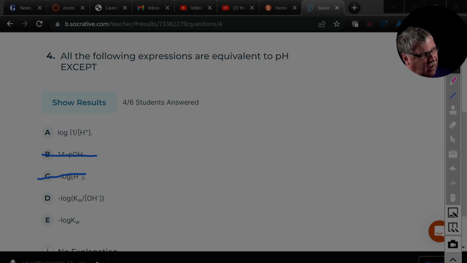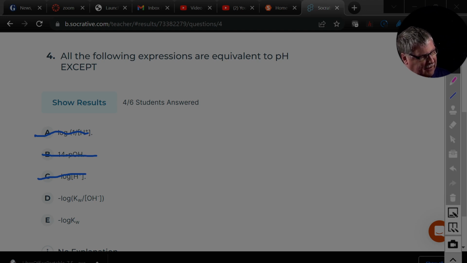What about log of 1 over hydrogen ion concentration? Isn't that the same as negative log? Try it on your calculators to prove it. Take the negative log of 0.10 and then take the log of 1 over 0.10. It gives you the same thing.